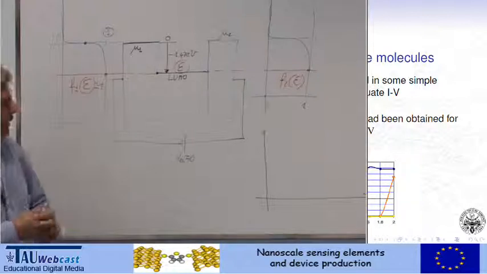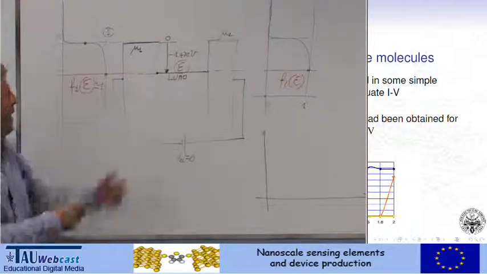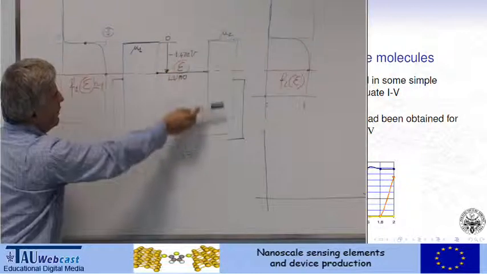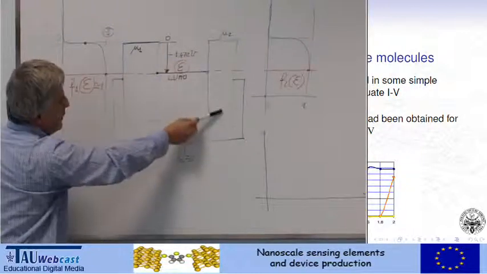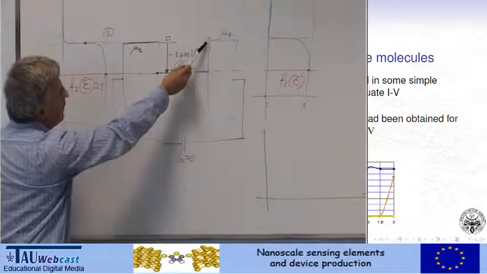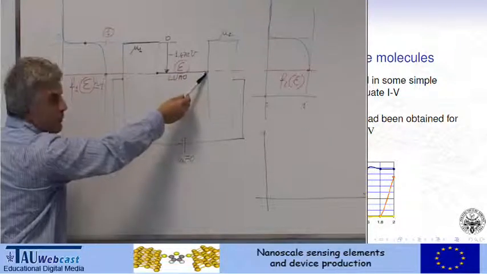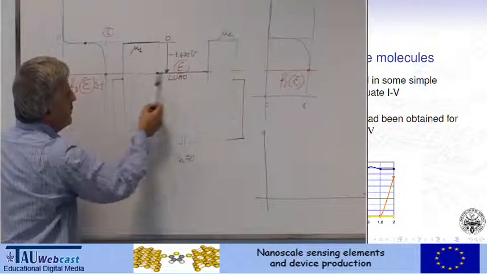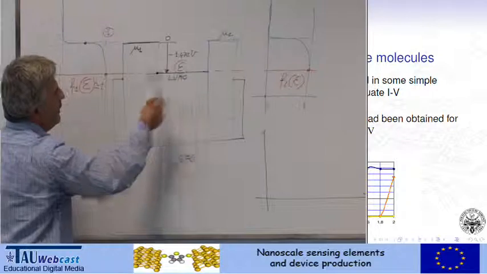So when the level of the second electrode, or the right electrode, is pulled down, probably the current will be 0 until the level μ2 reaches the position of the molecular level.